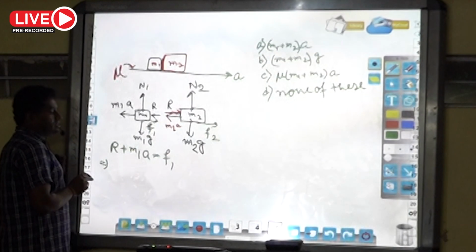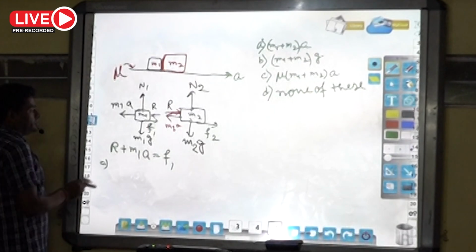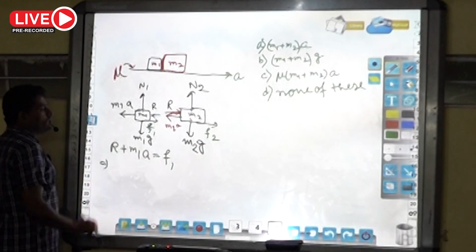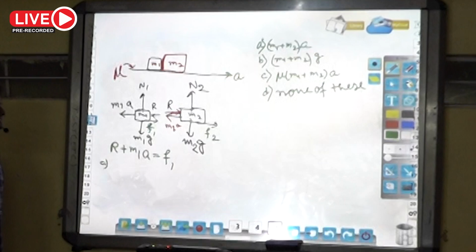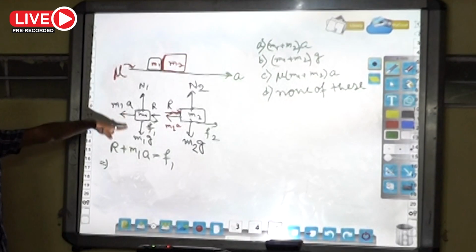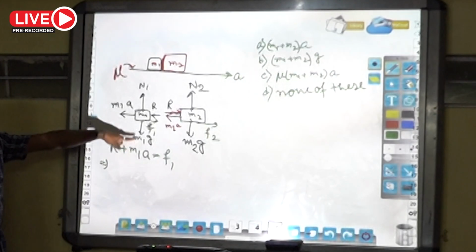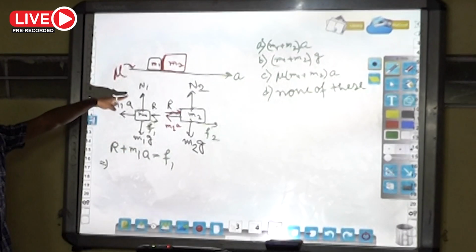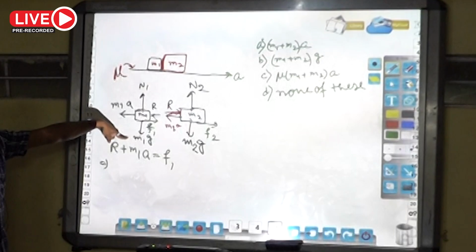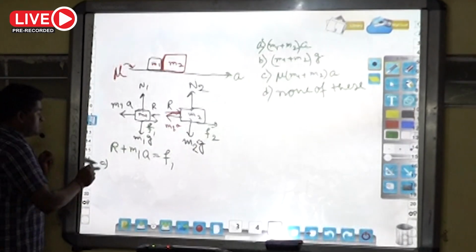From this you can write F1 equal to mu m1g, because for vertical equilibrium N1 equals m1g.